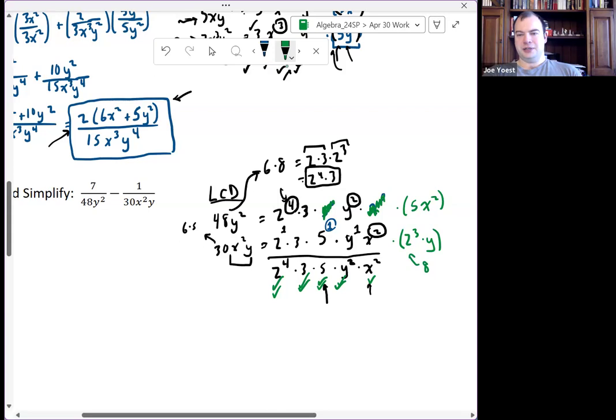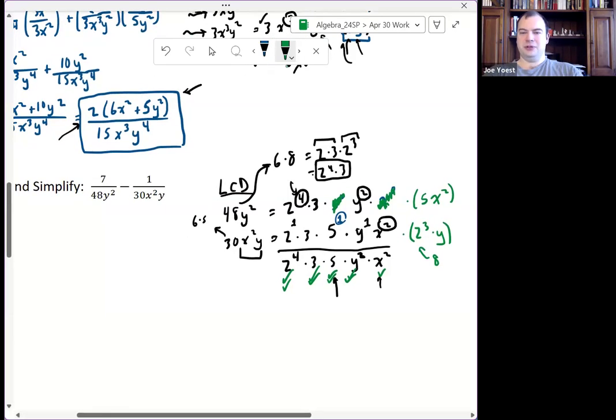So my first fraction needs to multiply by 5x squared over 5x squared. My second fraction by, let's call it 8y over 8y. 2 cubed times y over 2 cubed times y.